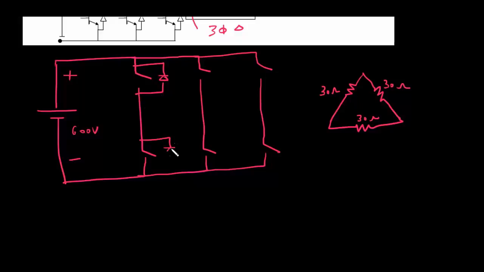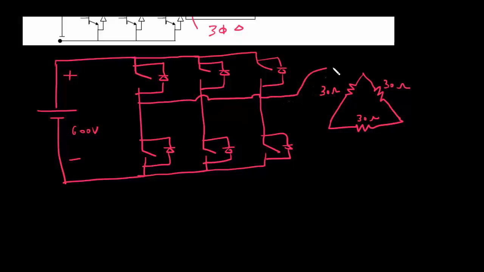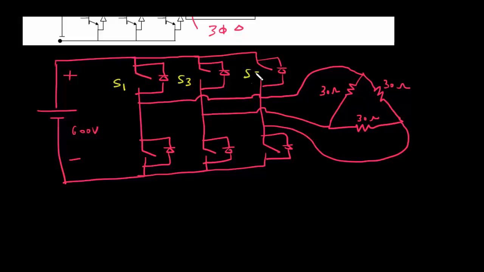These are anti-parallel diodes of each switch. Let us name these switches as S1, S3, S5, S4, S6 and S2. So this is A phase, B phase and C phase.